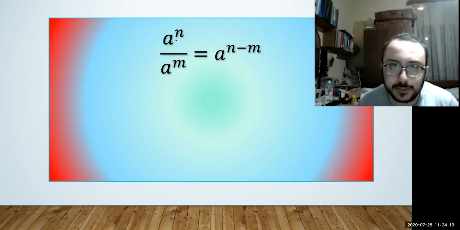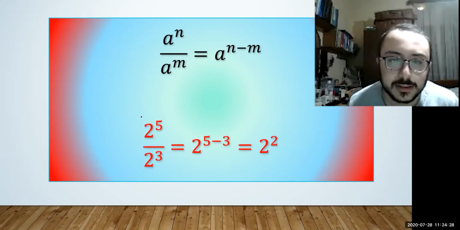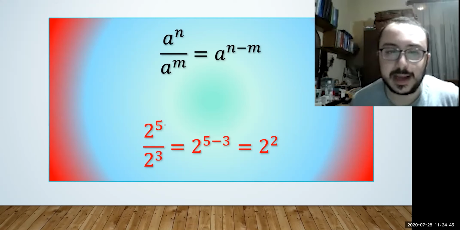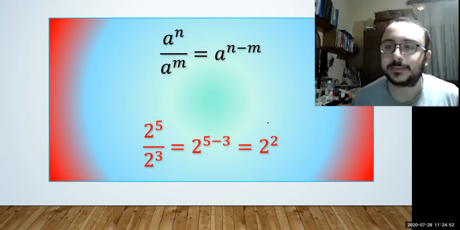The power of the numerator minus the power of the denominator. Let's take an example on this. 2 power 5 over 2 power 3 equals 2 power 5 minus 3. We subtract the powers. 5 minus 3, and that's equal to 2 power 2.